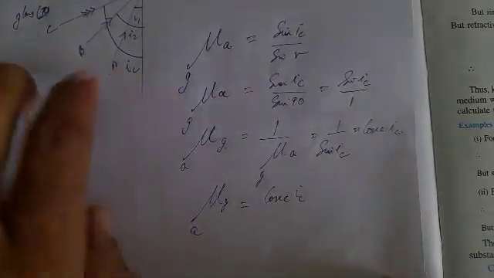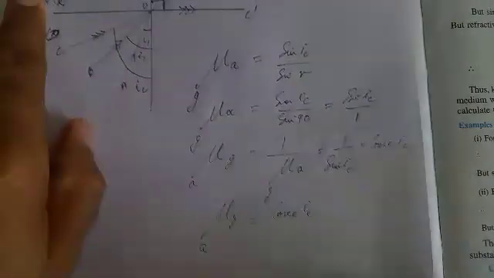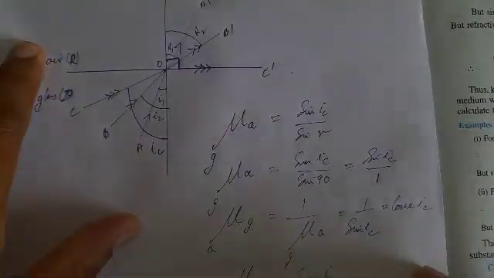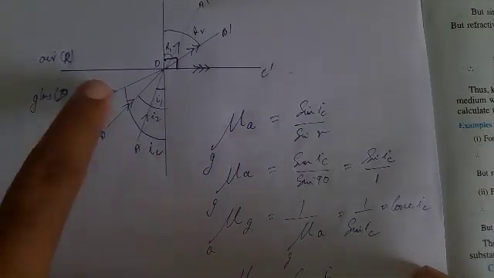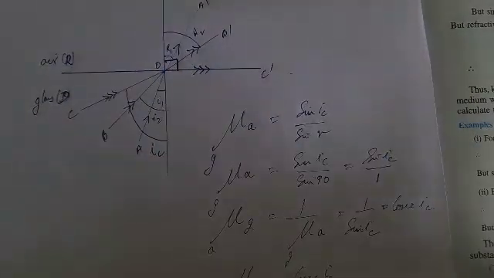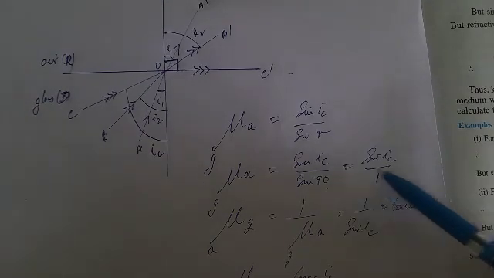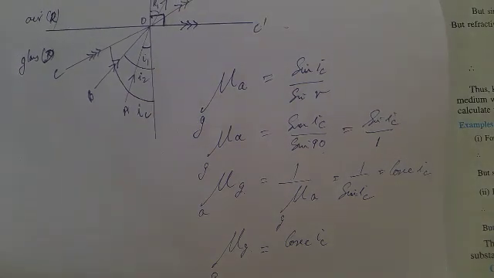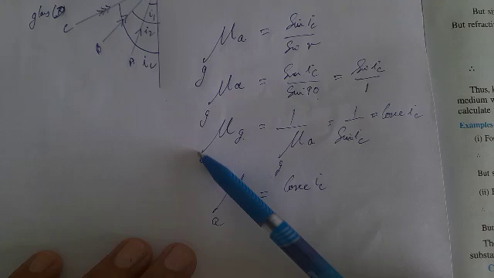The ray of light is traveling from glass to air. We say refractive index of air with respect to glass is sin IC by sin r. Sin r is 90 here. So sin IC by sin 90, sin 90 is 1, which is equal to sin IC. I'm using the reversibility over here. Refractive index of glass with respect to air, because this is the absolute refractive index.